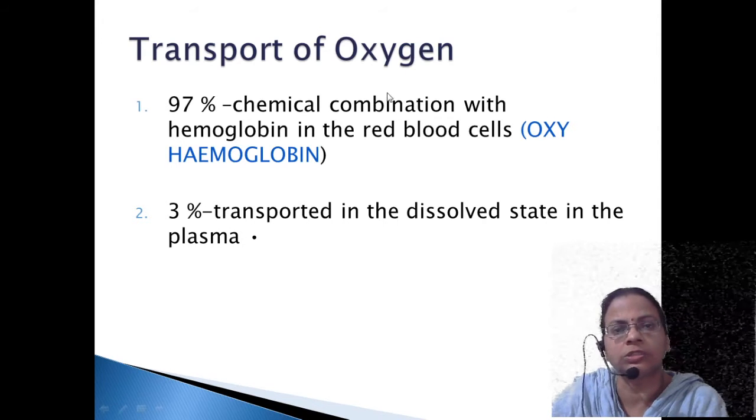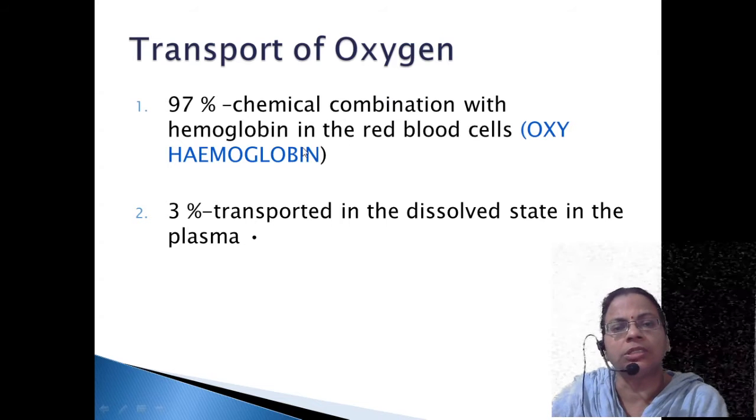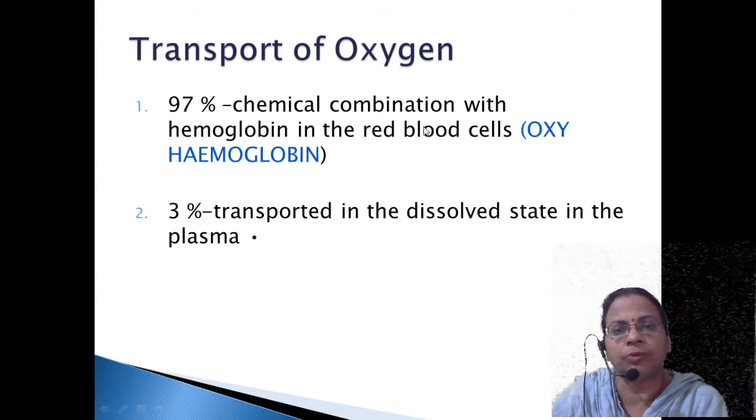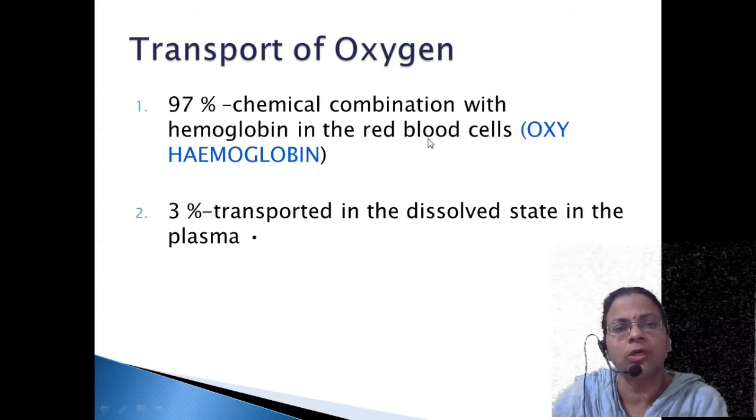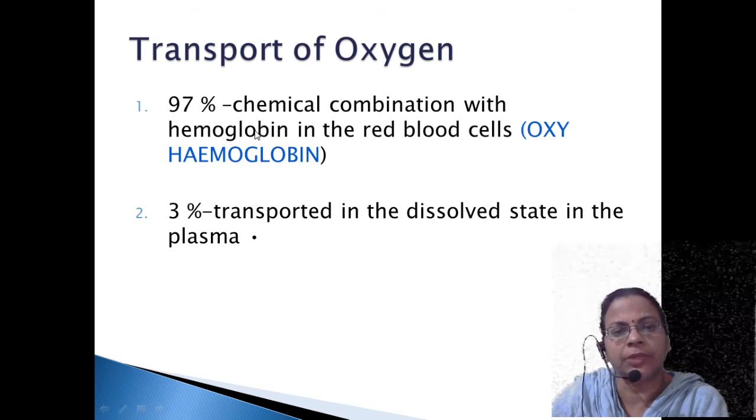First, oxygen is transported by only two methods. First, it is in the combined form: the oxygen will combine with hemoglobin and form oxyhemoglobin. Hemoglobin, we all know, is an iron containing pigment which can carry oxygen and is present in the RBC, red blood corpuscles.